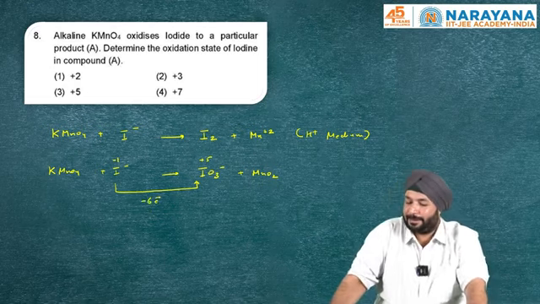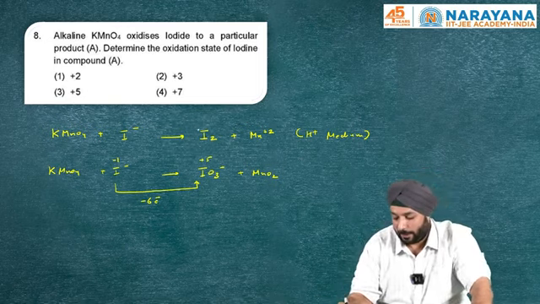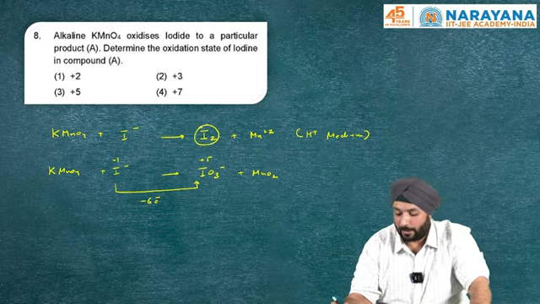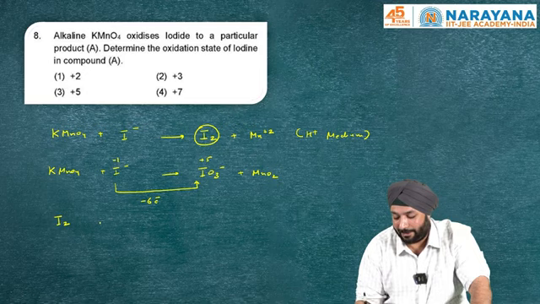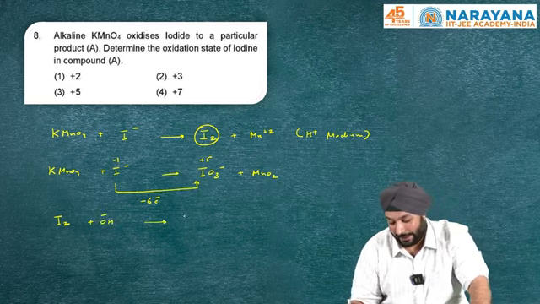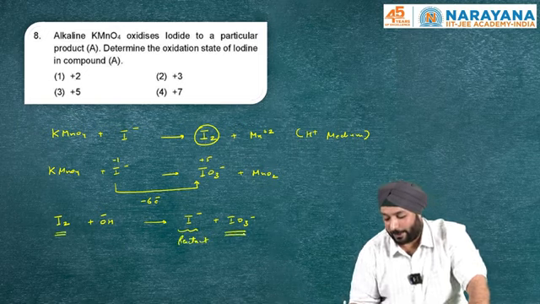Now, many students ask me how to remember this. We know that iodine is the product which is generally formed by oxidation of I minus, and we know that iodine in basic medium undergoes a disproportionation reaction to form I minus and IO3 minus, whereby I minus is your reactant from where you started, and eventually I2 is converted into IO3 minus.